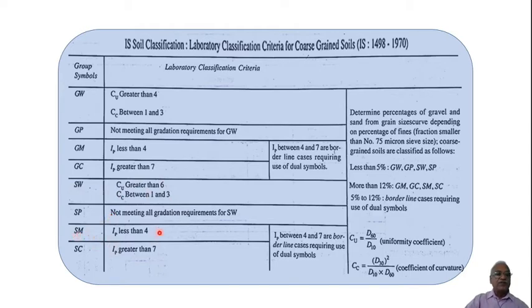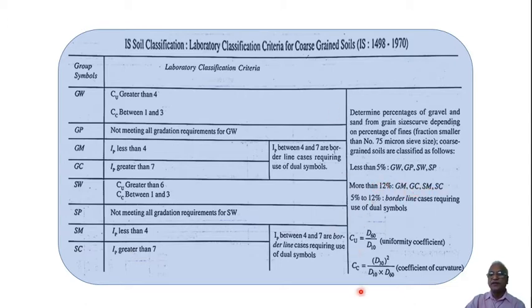Then if percentage of fines is more than 12% and IP is less than 4, then it is silty. And if IP is greater than 7, then it will be SC. Right? If the fines are more than 12%, then it is GM, GC or SM, SC.